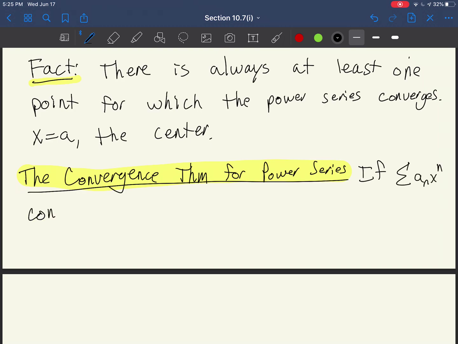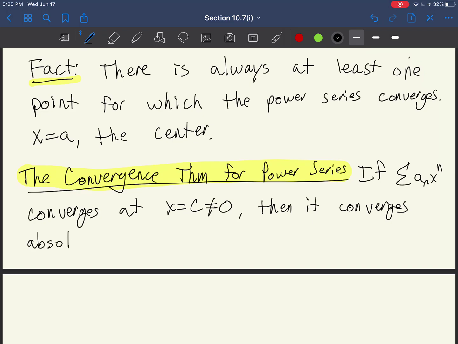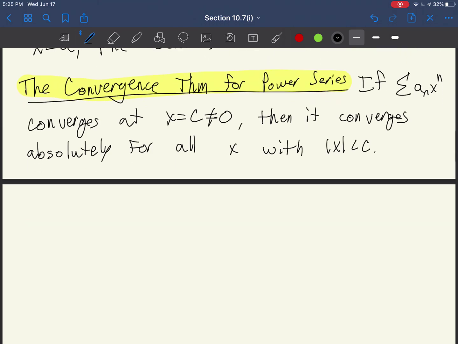Convergence theorem for power series says if the series an x to the n, power series, converges at x equals c, which is not 0, then it converges absolutely for all x with the absolute value of x less than c.